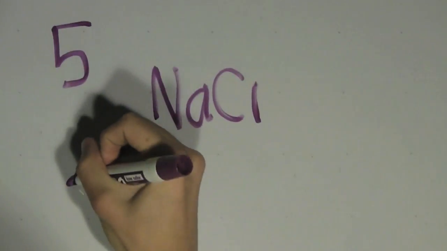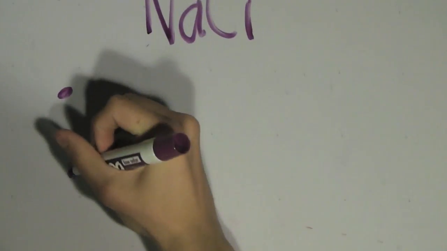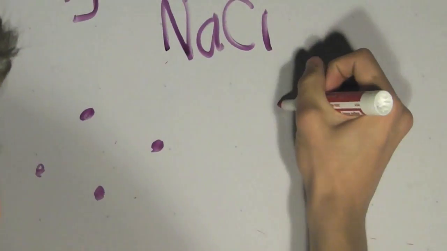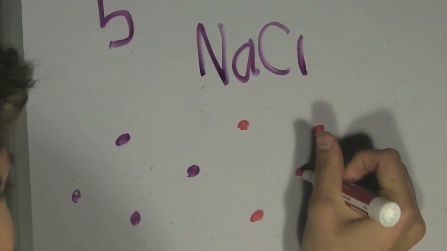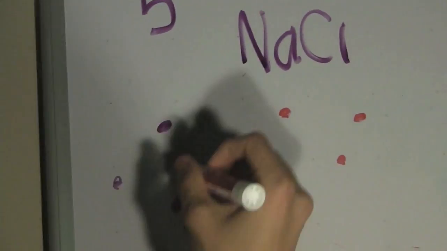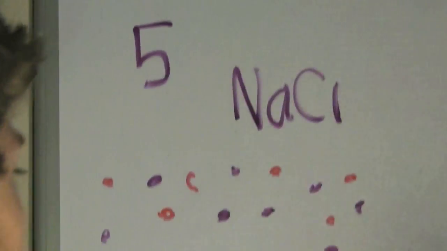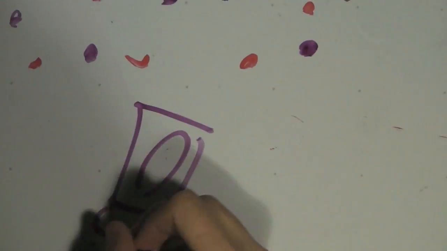So pretend that these are sodium ions, or sodium atoms, and these are chloride atoms. These all mix together to form table salt.